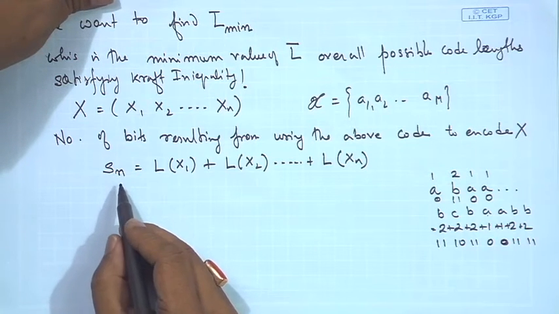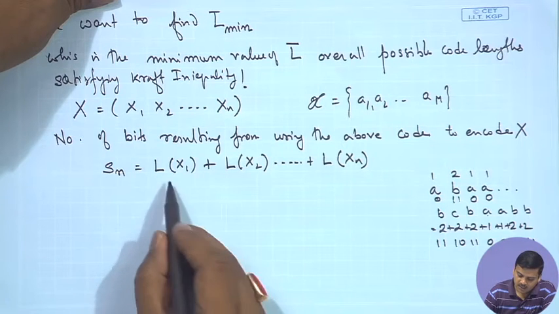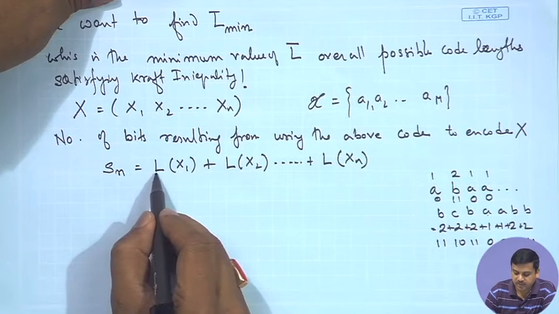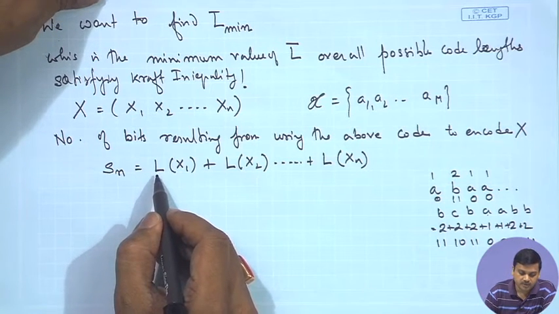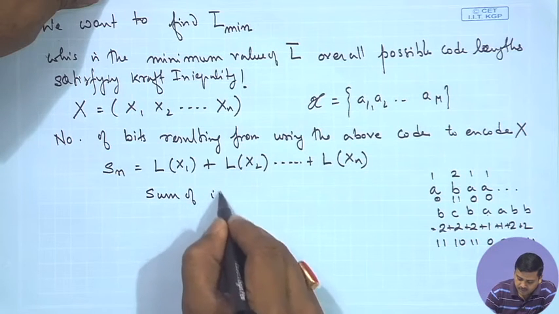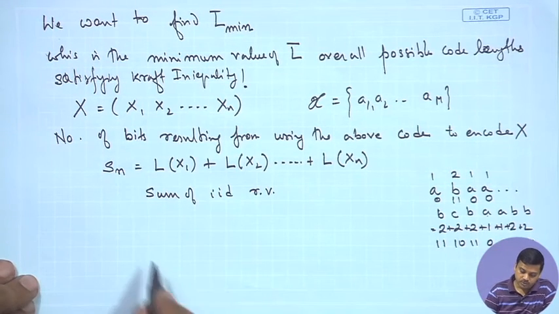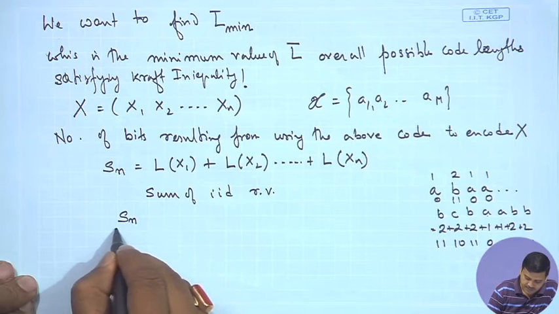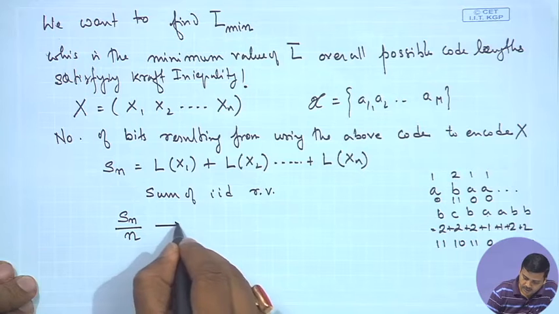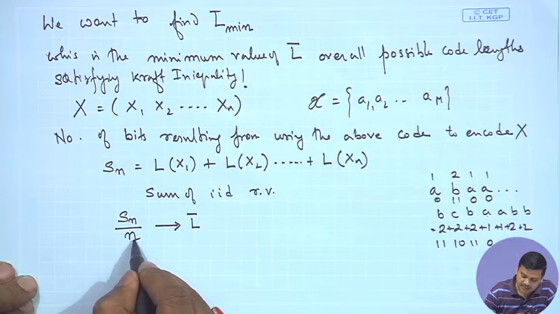Now, these L's that you see over here are IID random variables, because these x's are IID random variables. So, therefore, definitely the lengths are also IID random variables. So, if these are random variables, this S n we can say is a sum of IID random variables, right. If it is true, in that case we can say that S n upon n, this ratio, would tend to the expected value of L if n is very large.